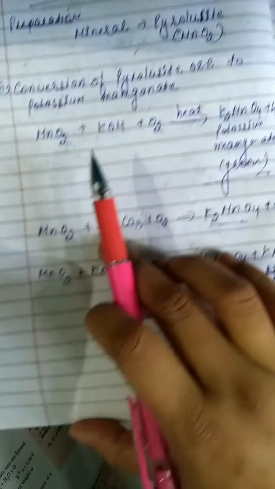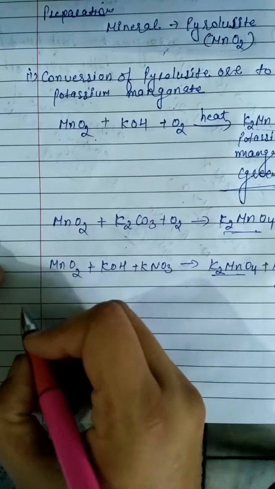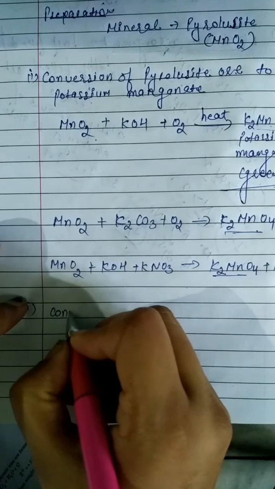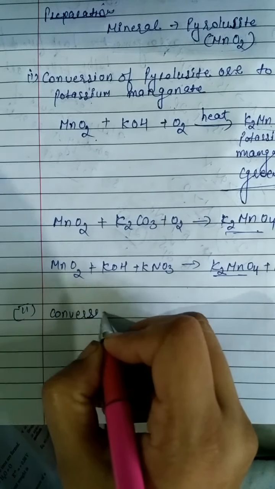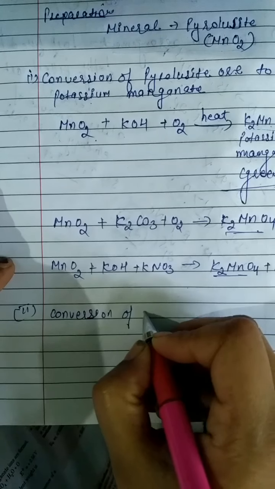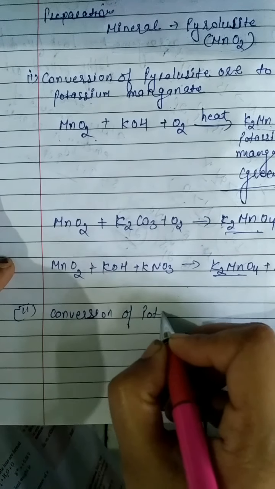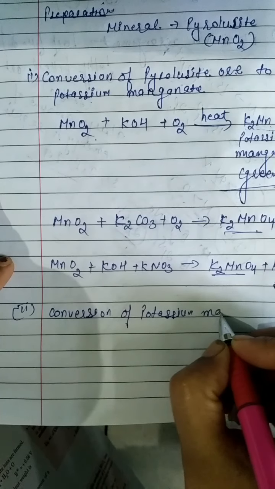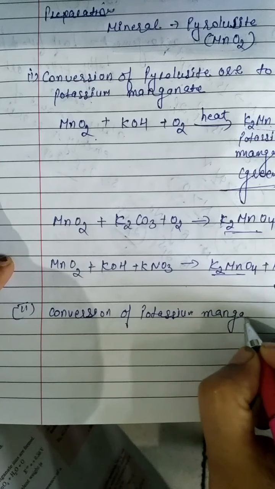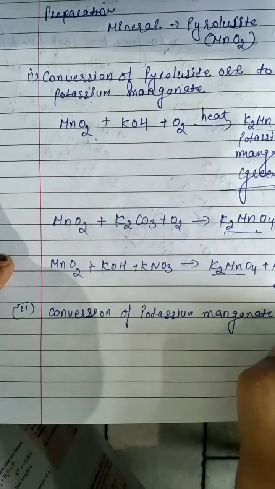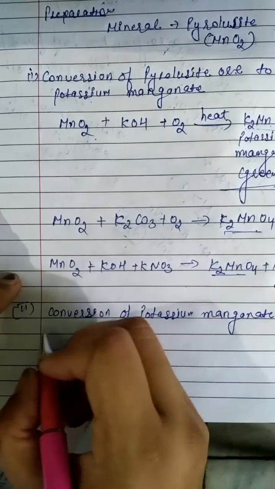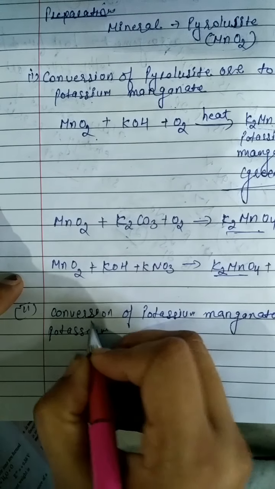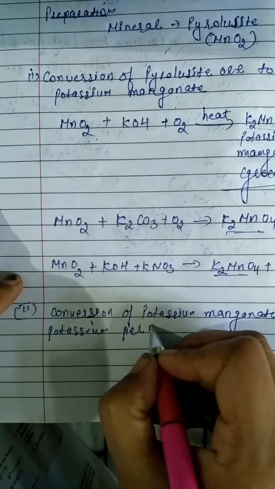And the second step is the conversion of potassium manganate into potassium permanganate.